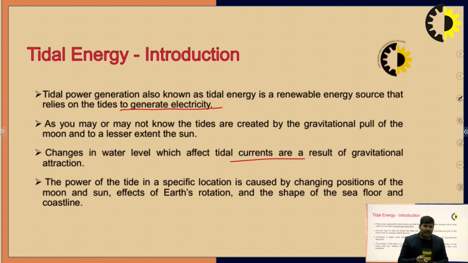The power of the tide at a specific location is caused by the changing position of the moon and the sun, the effect of the earth's rotation, and the shape of the sea floor and the coastline. According to that, the tide power will be generated.